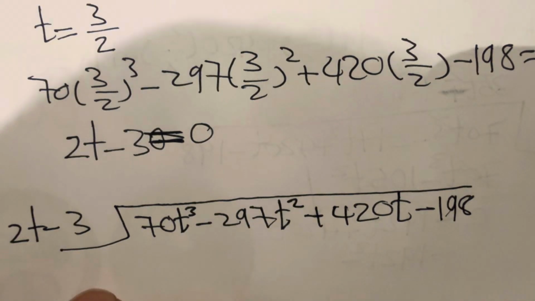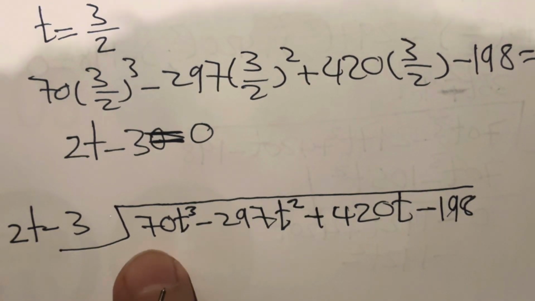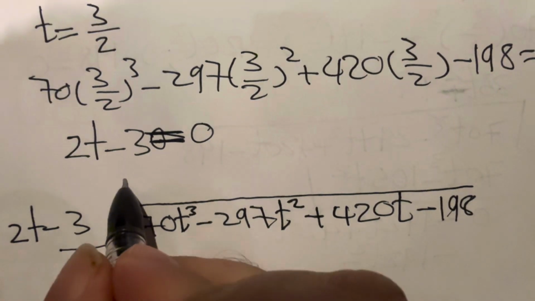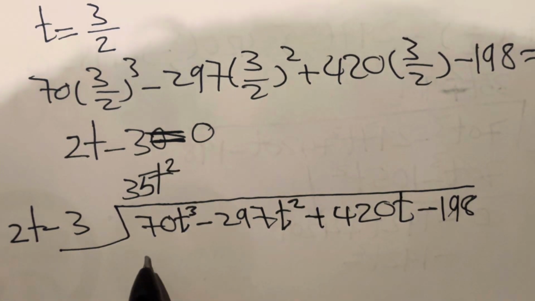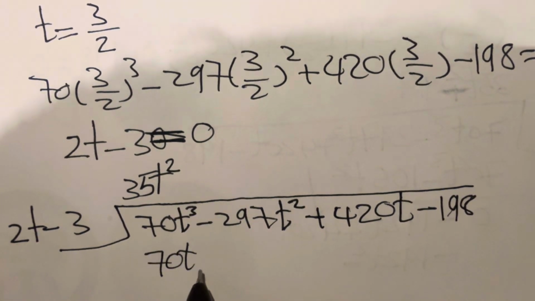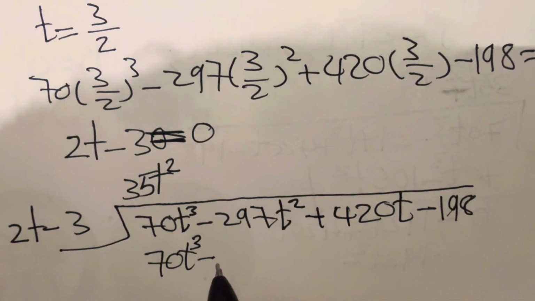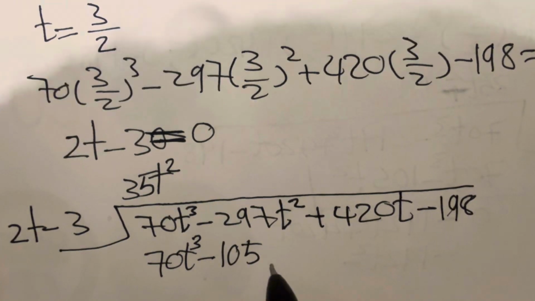What number should we multiply to get 70t cubed? We have to multiply by 35t squared. Times that, we get 70t cubed minus 105t squared.